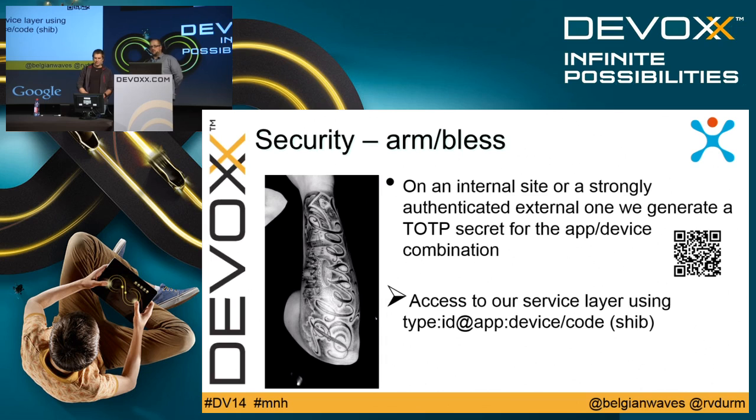The idea is that the user registers his application together with his device, and in return he gets a secret code that is used for initiating the TOTP, time-based one-time password algorithm, for providing the second factor for the authentication mechanism. So the internal application generates a 2D barcode that can be scanned by our mobile applications, and then the application is ready to be used by several users.